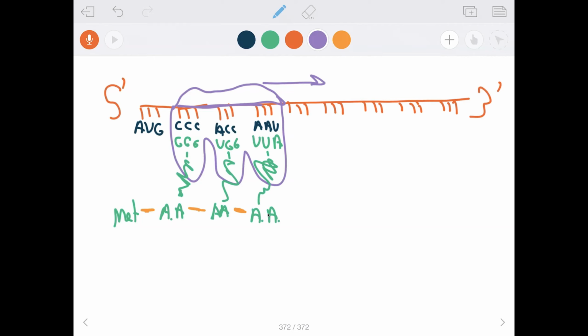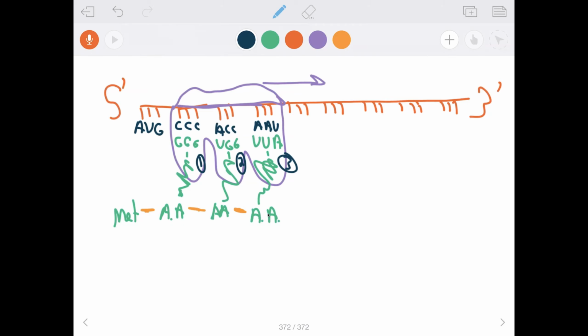So if we say this is position 1, 1, 2, 3. And they actually do have names. We call them the EPA sites, but we're just going to call them 1, 2, and 3. Positions 1, 2, and 3.